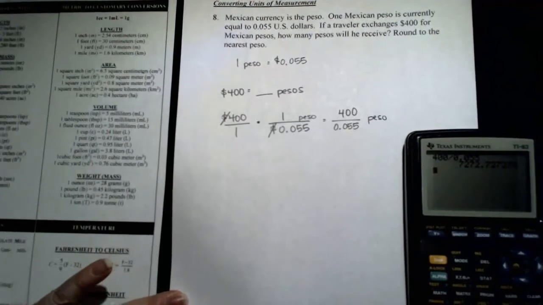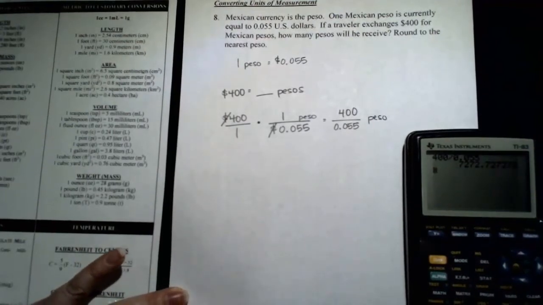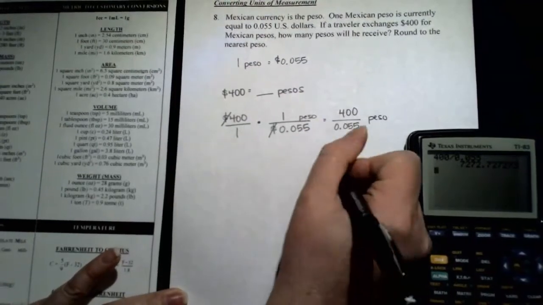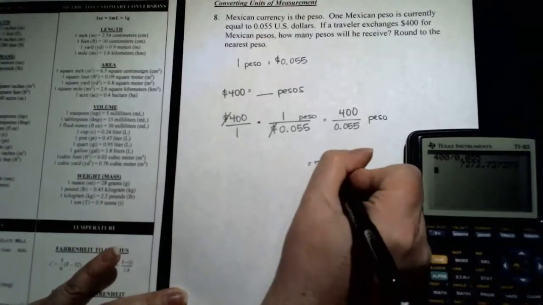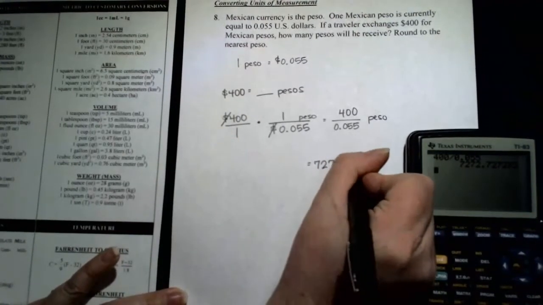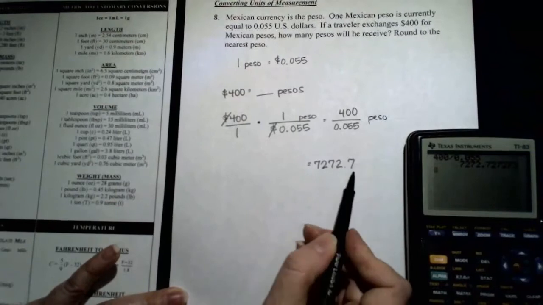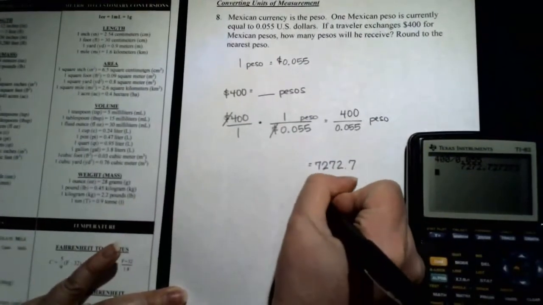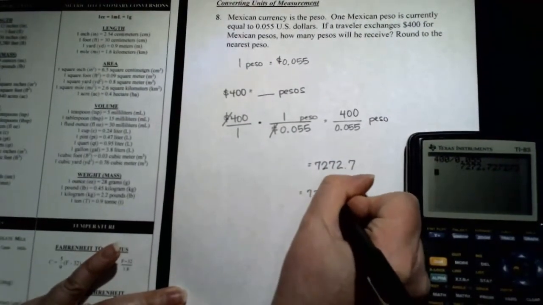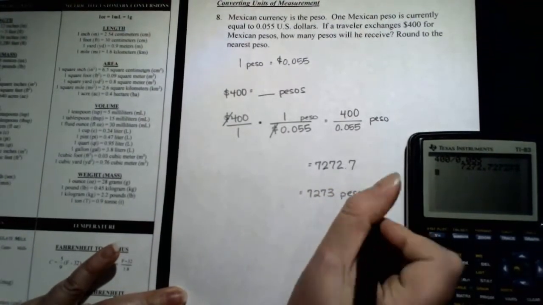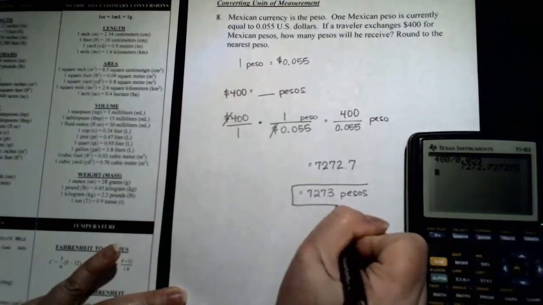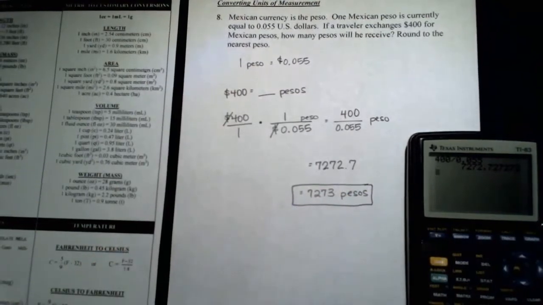So I got that, 7,272.7. So to the nearest peso, that would become 7,273. Okay, let's move on.